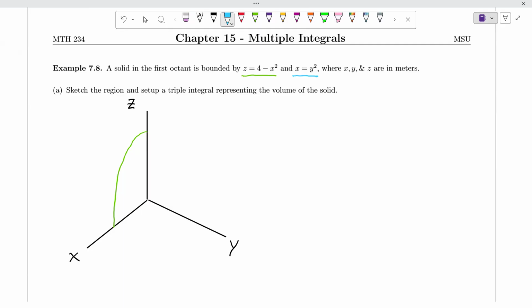So if I just sketch out that shape, again, another parabola, it should look something like this. This blue shape down here, that's x equals y squared. My green shape, z equals 4 minus x squared.